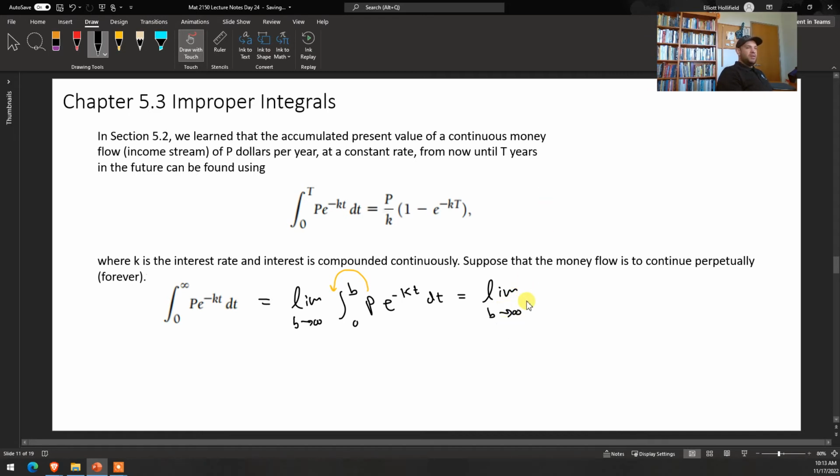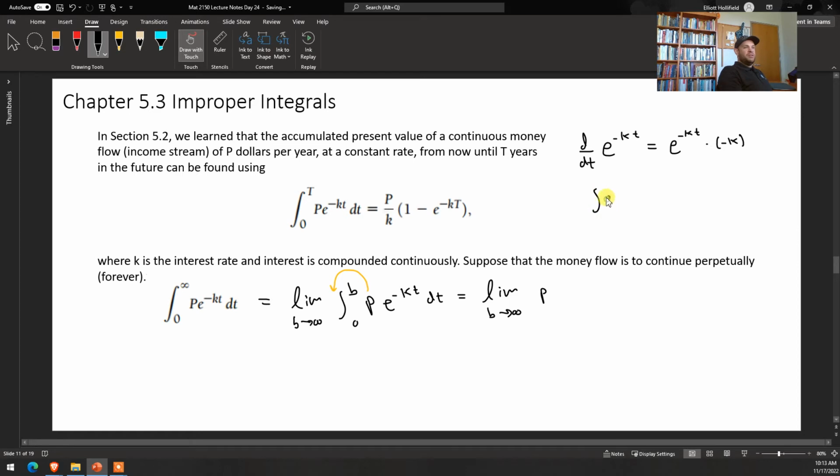We can either think of that as a u substitution, or we can consider its derivative. The derivative of e to the minus kt, by the chain rule, gives us e to the minus kt times the chain of minus k.